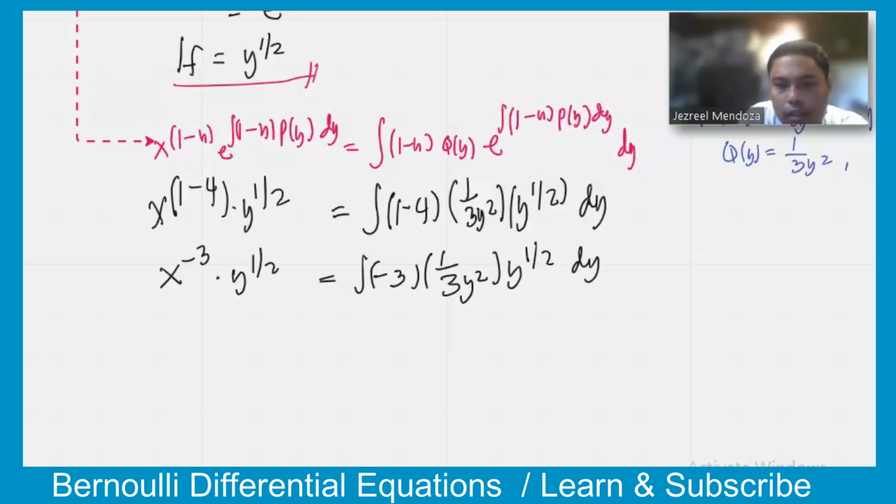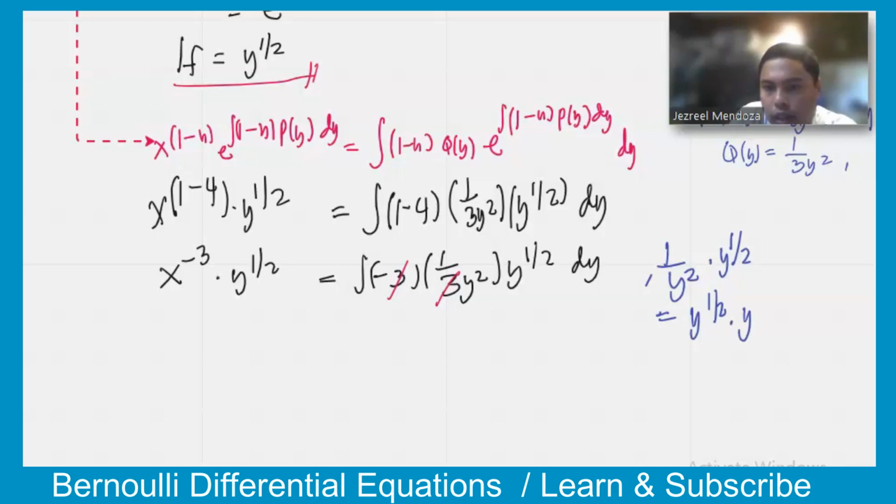Cancel out the 3, and then we have 1 over y squared times y to the 1/2, or y to the 1/2 times y to the negative 2.